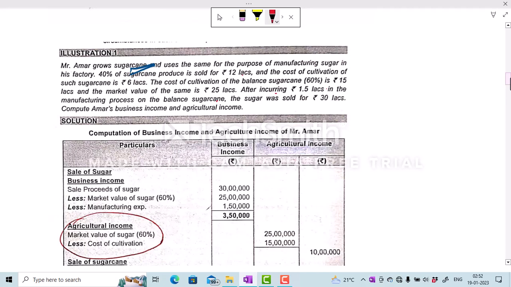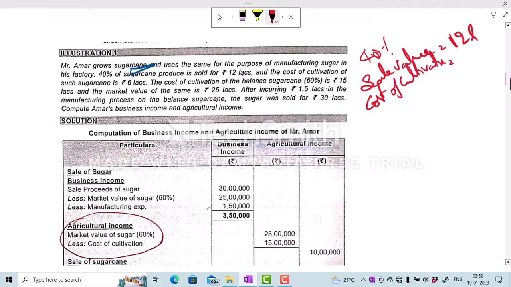See, 40% of sugarcane is sold in raw form. So for that 40%, the sale value is 12 lakhs. Cost of cultivation is 6 lakhs. So 6 lakhs will be the agriculture income.